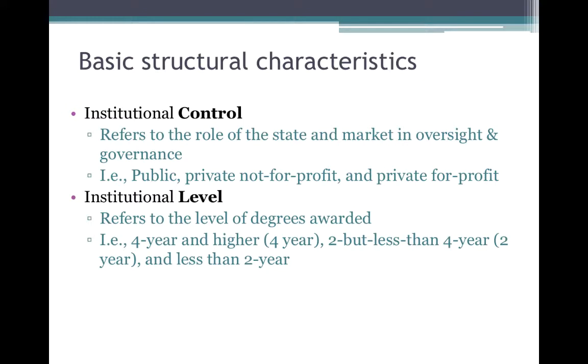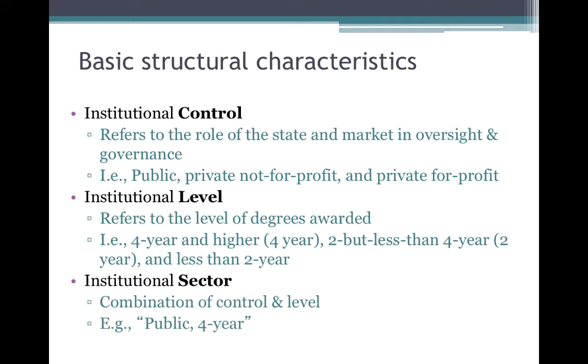Those are 2-year institutions, also known as community colleges or technical colleges. And some post-secondary institutions in the United States are more focused on workforce training and certificate programs, and they don't award associate's or bachelor's degrees, but instead certificates that are considered to be less than 2-year. That is the idea of institutional level, related to the types and levels of degrees that schools award.